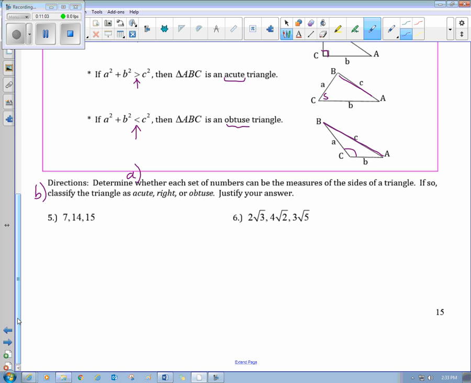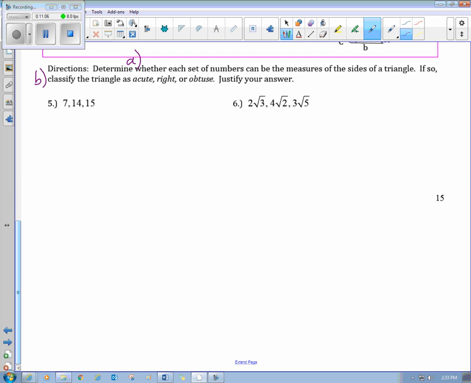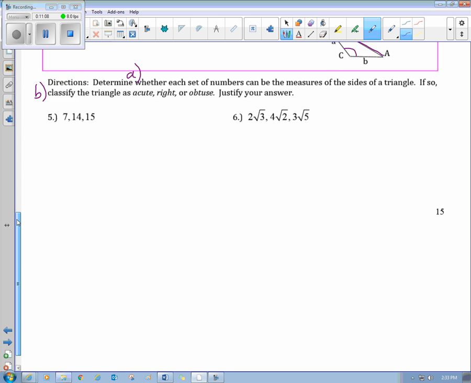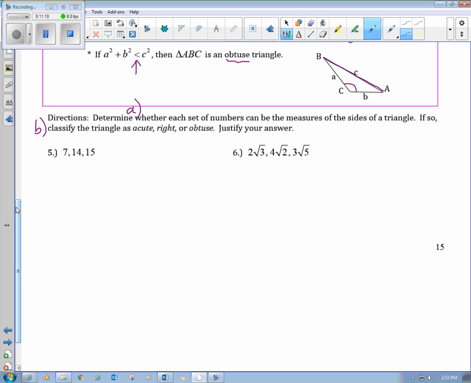So we have to think back to something we did earlier this year, which was determine whether or not we actually even had a triangle. And our test to determine whether or not we actually even had a triangle was to say the small side plus the medium side, when we add them, has to be greater than the large side.